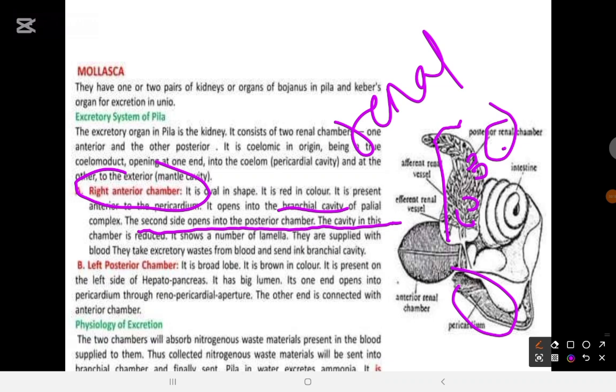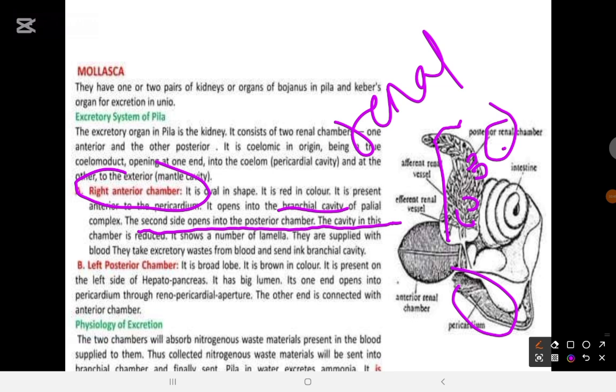The cavity in this chamber is reduced and it shows a number of lamellae. Lamellae are used to filter water. They are supplied with blood and they take excretory waste from the blood and send it into the branchial cavity, where it is exuded with the excurrent water.